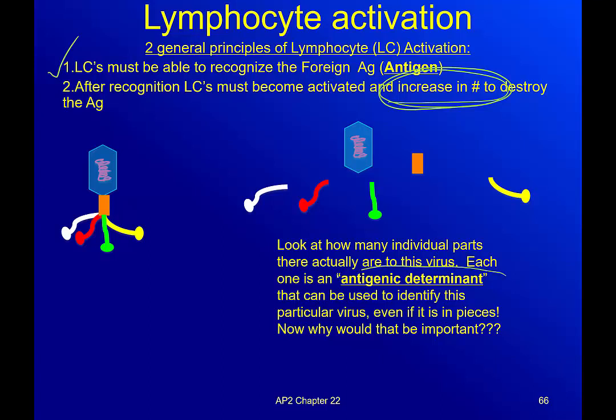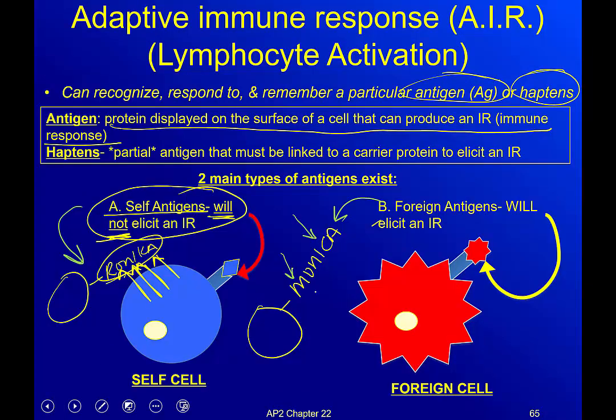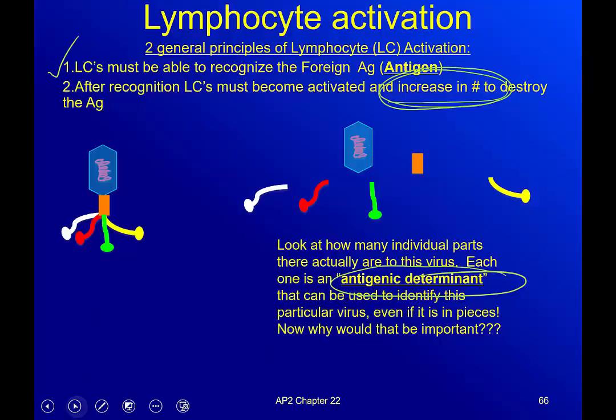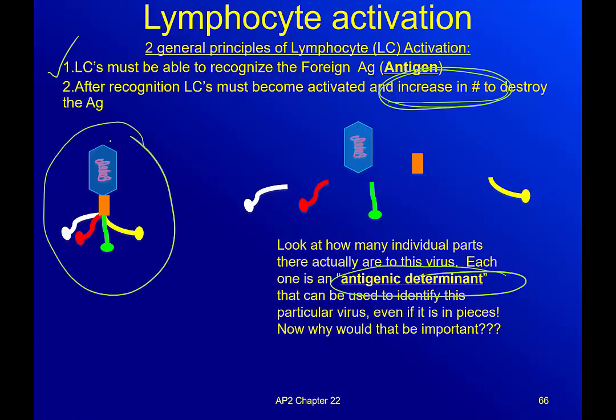Antigenic determinant. This is a part of a foreign invader. So remember here, I said the M and the C were foreign. They didn't look normal. Well, in this case, this is an entire virus. Yes, I know it's a bacteriophage, which doesn't infect humans, but just go with me on it because it was the one thing I could draw that actually kind of looked like it was supposed to.